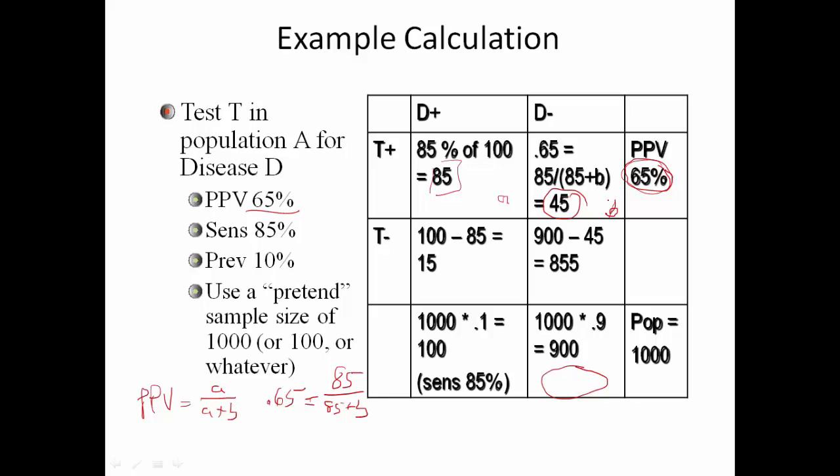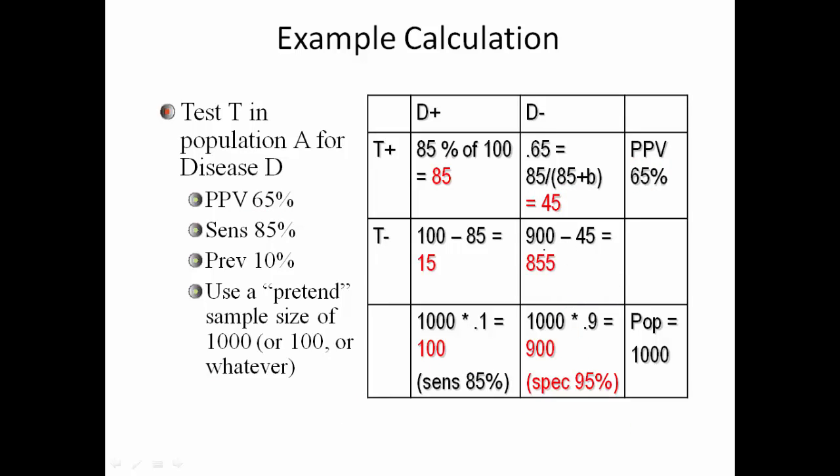Now that you have that, and you have the overall population, you can begin to calculate the specificity. And that's what you want to get to. You want to get to sensitivity and specificity. Okay, so now we need to calculate what happens in D here. And so we have the total 900 minus 45 is 855.